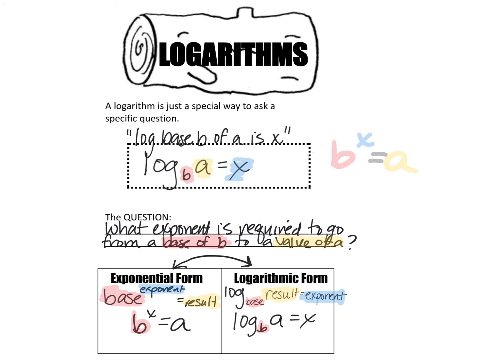Bases are the same. The exponents are the same, even though they're in different places. And the results are the same, even though they're in different places. So you just kind of have to shift things around a little bit.